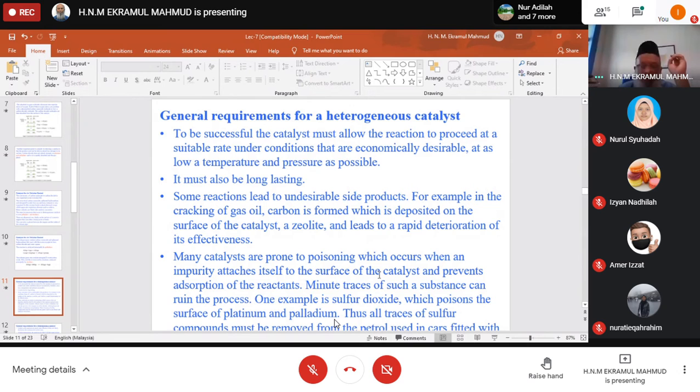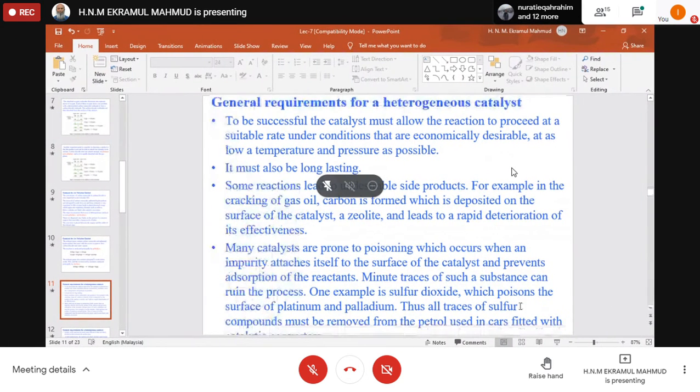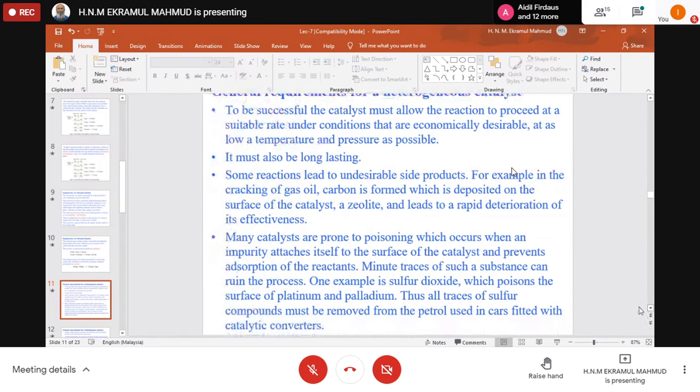As for sulfur dioxide, which means poison to this catalyst, that is platinum, palladium. Thus, all traces of sulfur compounds must be removed from gasoline used in the cars fitted with this catalytic converter, which will convert or remove sulfur.